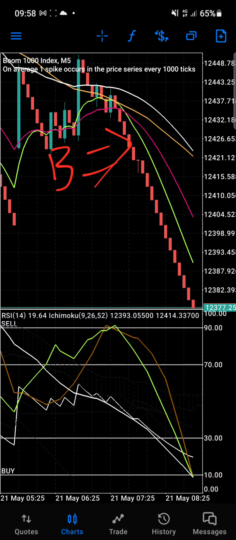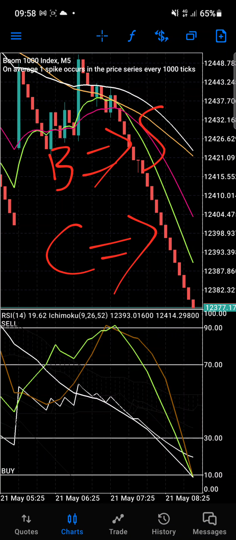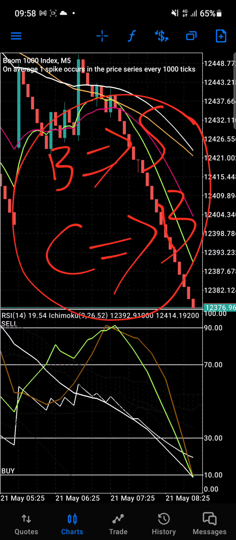For Boom, if you are trading the normal trend, the sell trend is always very important, which is the downtrend. But for Crash, if you are trading the normal trend, the buy trend is always important, which is the uptrend. Once you have this at the back of your mind, then you will know when to go into the market and when to exit the market.